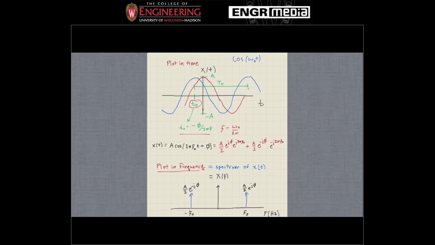So if we have a cosine in standard form, cosine of omega naught t plus phi, when this argument is equal to 0, then there should be a peak. So at what time does that happen? We just equate this to 0 and solve for t. And that gives us this value of t naught that's written right here.